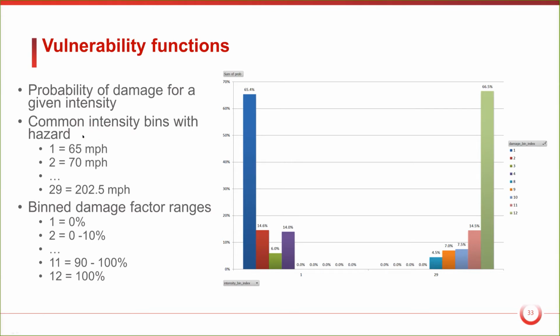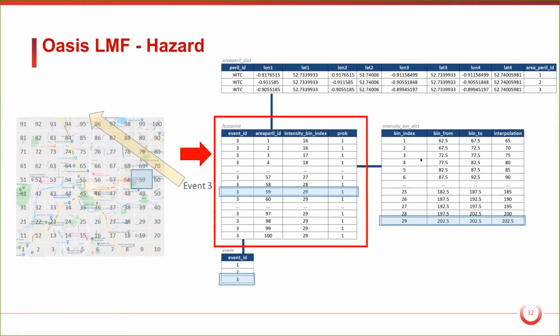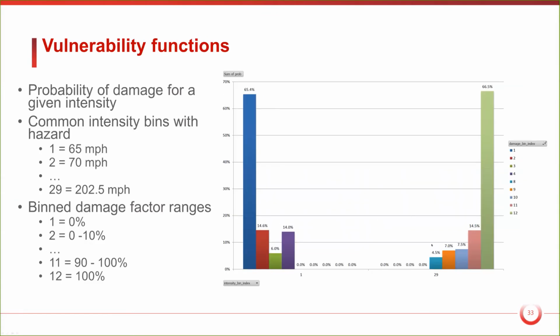So if you remember, my intensity bin dictionary had 1 to 29 for my wind speeds, ranging from 62 to 67.5 up to 202. My intensity bins for my vulnerability do have to be the same in order for those two bits of data to marry up. So intensity bin 1 is that 65 miles an hour range around there. Intensity bin 29 was my 202 mile per hour range that we saw in the example for the cell we looked at.